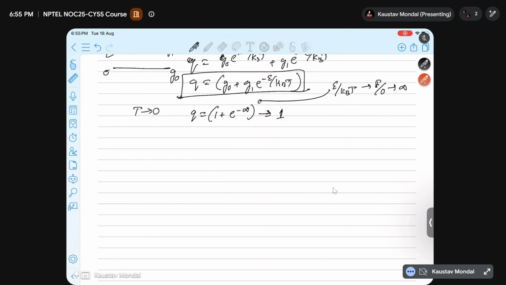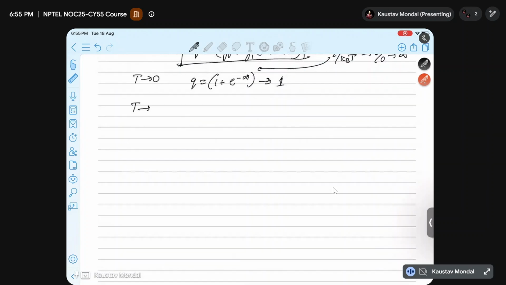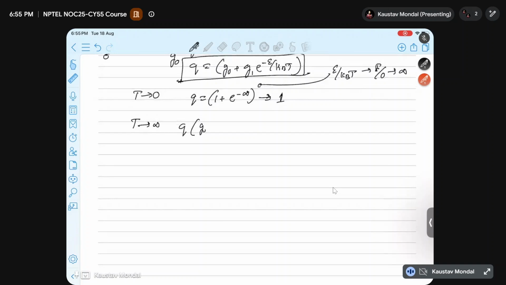Next, T tends to infinite. If you put T tends to infinite, Q equals g0 plus g1 e to the power epsilon by infinite. 1 by infinite is nothing but 0, so e to the power minus 0 is 1, and we get g0 plus g1.